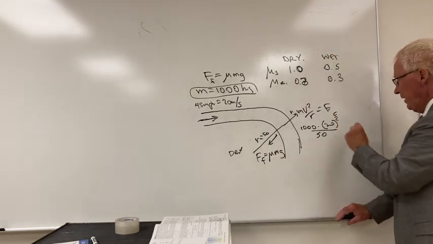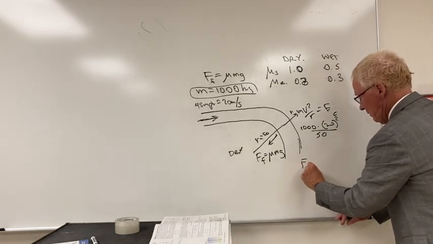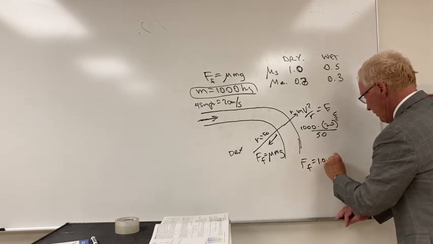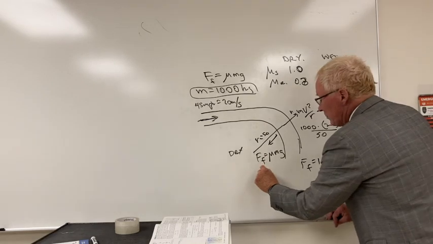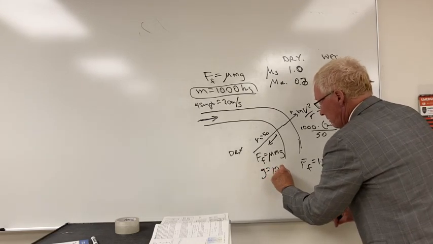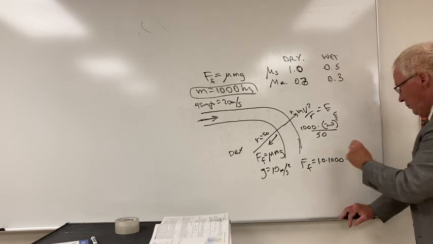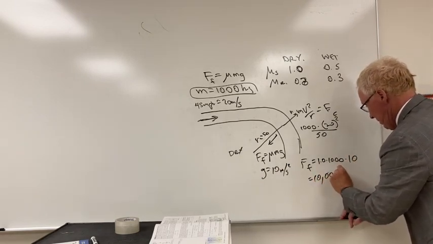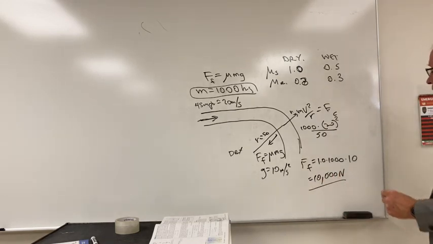So if it's dry, then the frictional force will be mu, which is 1, times 1,000, times 10. I'm going to use 10 meters per second squared for g. That's 10,000 newtons. All right? So what do we have here?